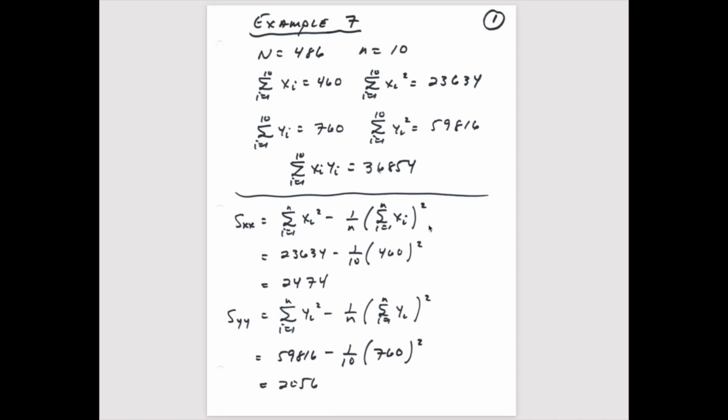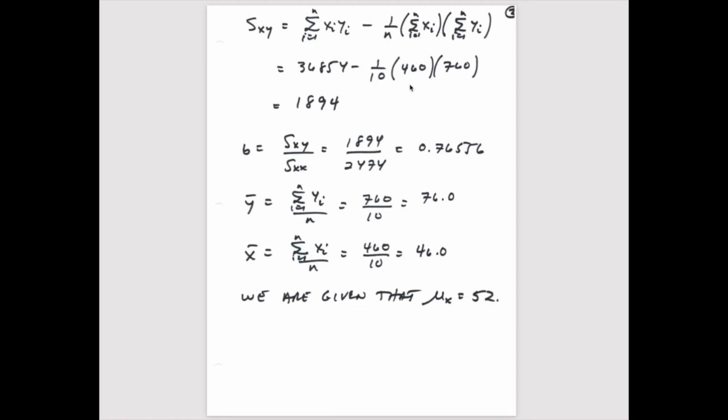Using the expansion formulas, the shortcut formulas for each of those, we get a value of 2474 for s sub xx, and for s sub yy we get 2056. We can also calculate the corrected sum of products for the x's and the y's, s sub xy, and using its shortcut formula we get 1,894.